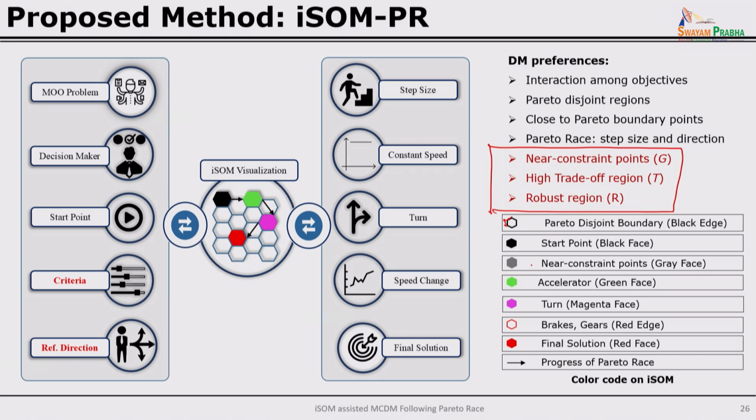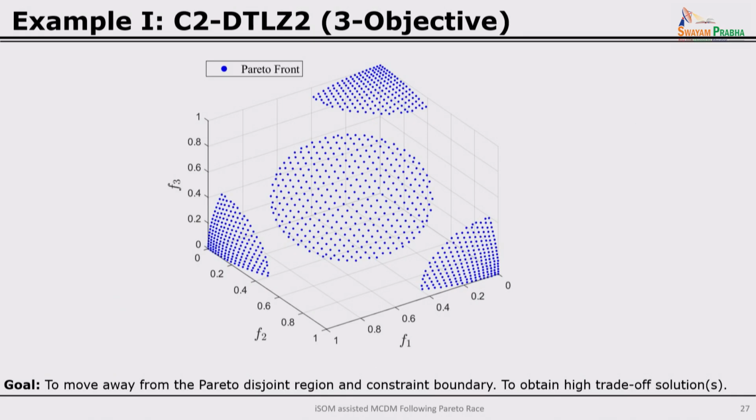If some solutions are close to a constraint, we will show them in gray face color. Then the accelerator we will show in green. This color scheme is given so that the decision maker can identify which action was taken, where the direction changed, where the speed changed, where it decreased or increased, and also the final solution in red color. We'll take a few examples and demonstrate how this is working.